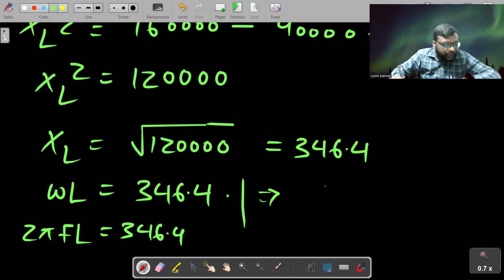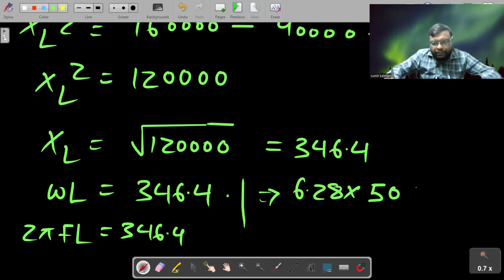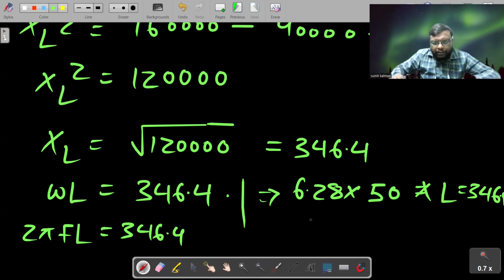F is given 50 hertz. So here it will become 6.28 into 50 into L, which is equal to 346.4.